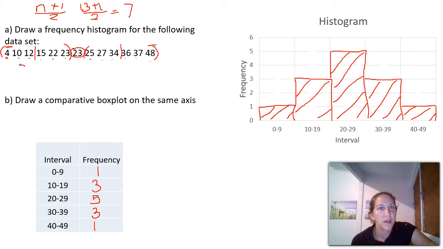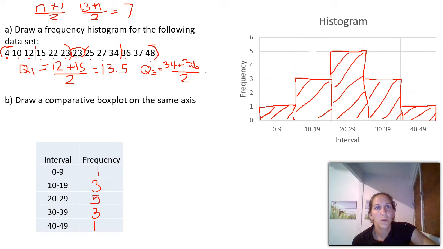My lower quartile, Q1, equals 12 plus 15 over 2, and that's going to give me a value of 13.5. My upper quartile will be 34 plus 36 over 2, which will give me a value of 35. So that's all the information that I need to draw my box plot.